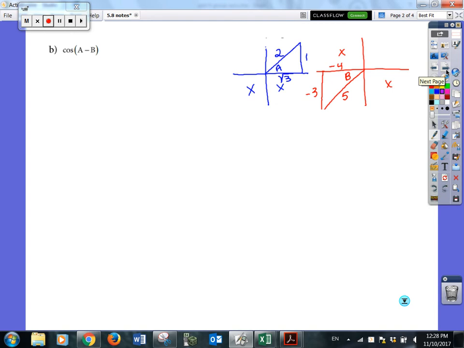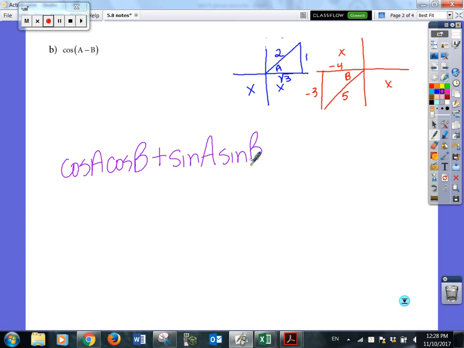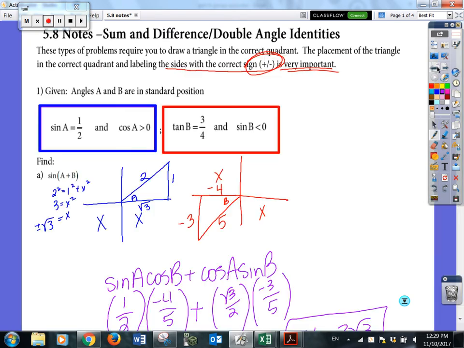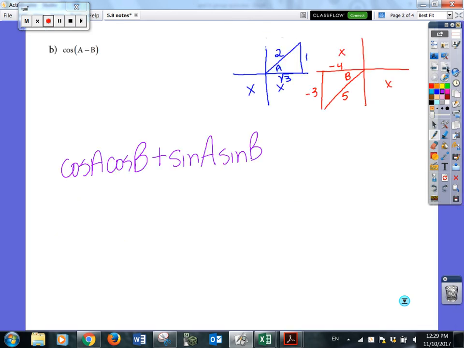So using the same triangles, cosine of A minus B. Cosine of A, which is √3/2.